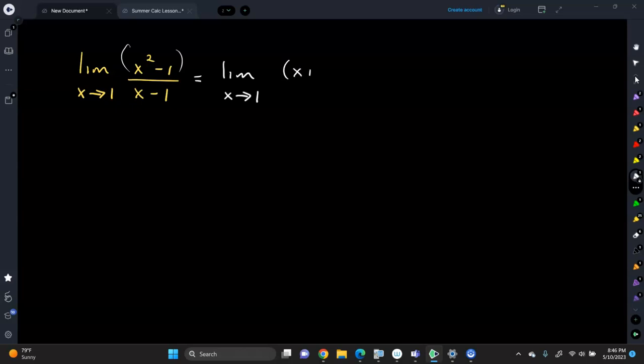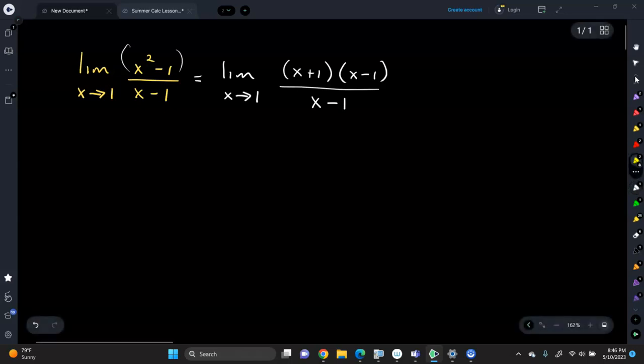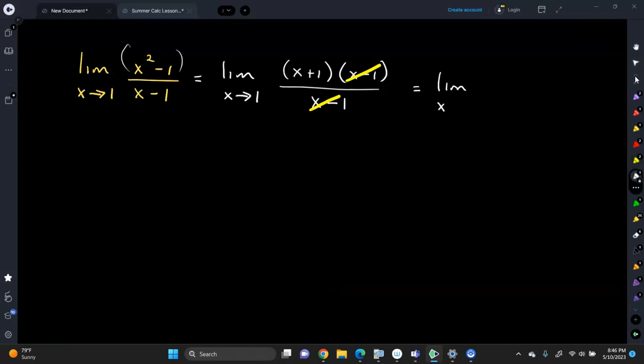That'll factor as x plus 1 times x minus 1. And we're going to divide that by x minus 1. Now when we do that, we can see that the x minus 1's will cancel, and we end up having the limit as x approaches 1 of x plus 1, which will equal 1 plus 1, and that gives me 2.